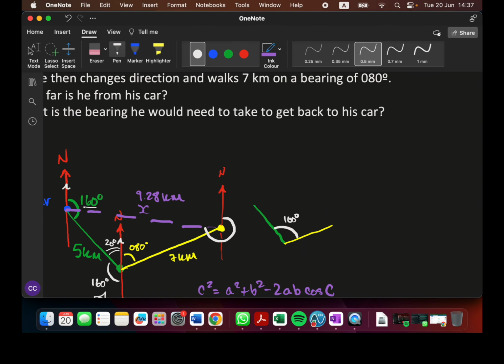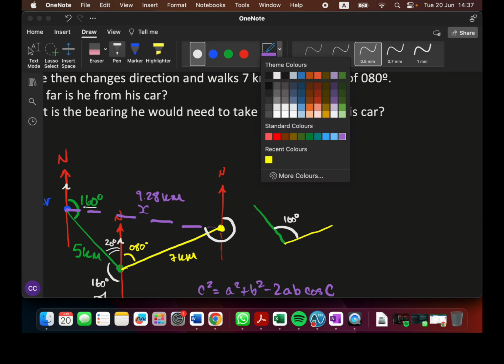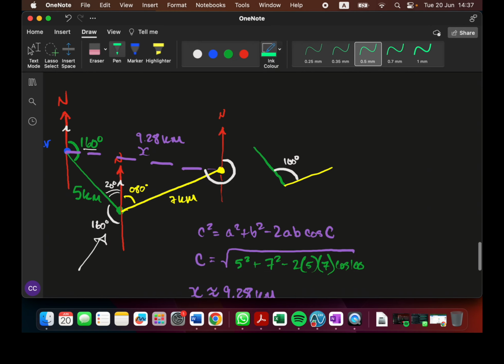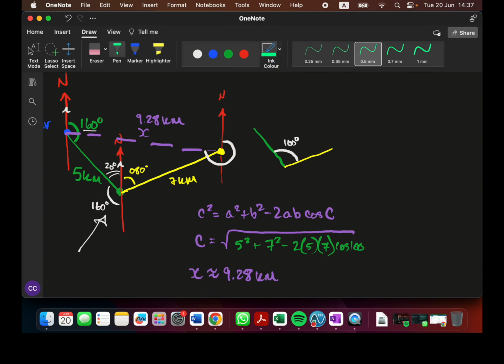This is always going to be an application of the sine rule plus just a little bit of logic and common sense. To start with, I'll do this in another color, green here. Again, we have parallel lines, so I know that this angle has got to be 80 degrees, because it's 80 here, it's got to be 80 there.